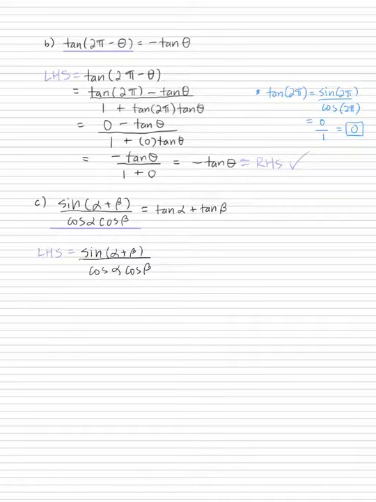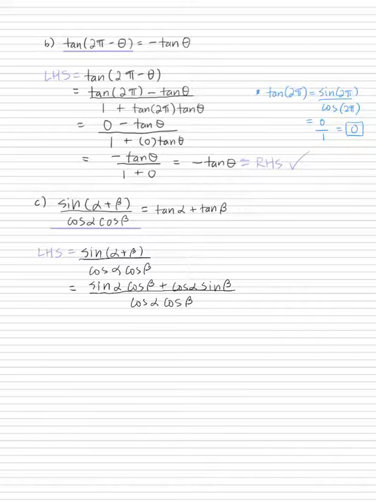So what should we do? Let's first apply the formula for sine of alpha plus beta, which gives us sine of alpha cosine of beta plus cosine of alpha and sine of beta, whole thing over cosine alpha and cosine of beta.